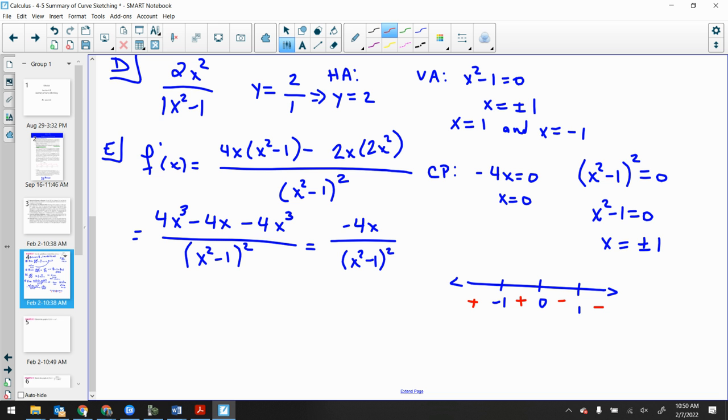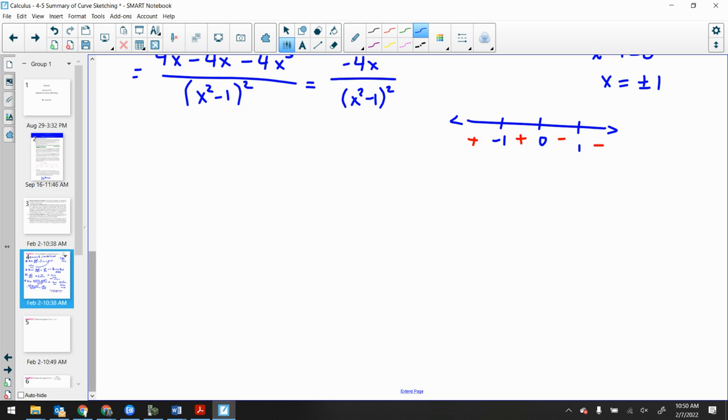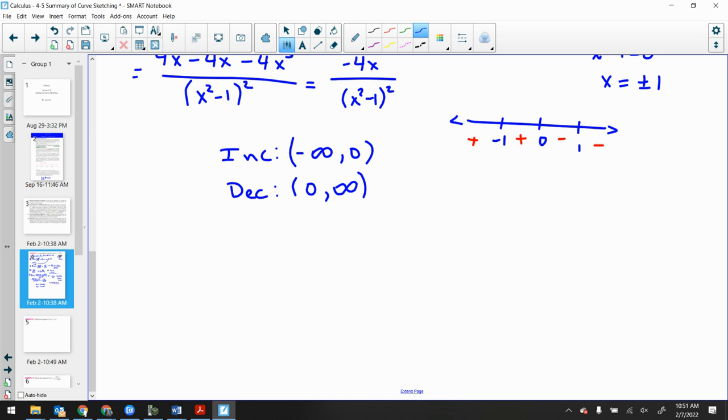So this is an interesting little number line here, because this means that the intervals of increase and decrease are: it is increasing everywhere from negative infinity until 0, and it is decreasing from 0 to infinity. What does that tell you about negative 1 and positive 1? Are they maximums or minimums?